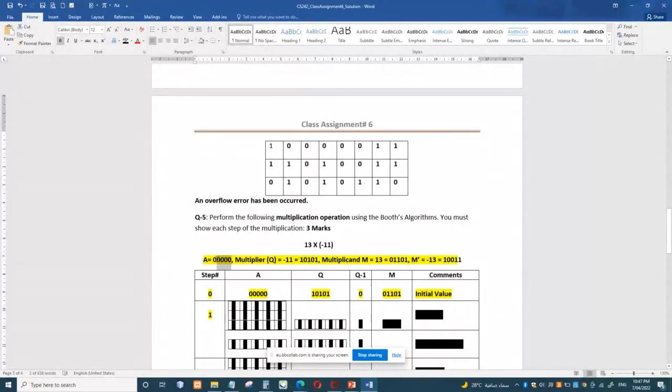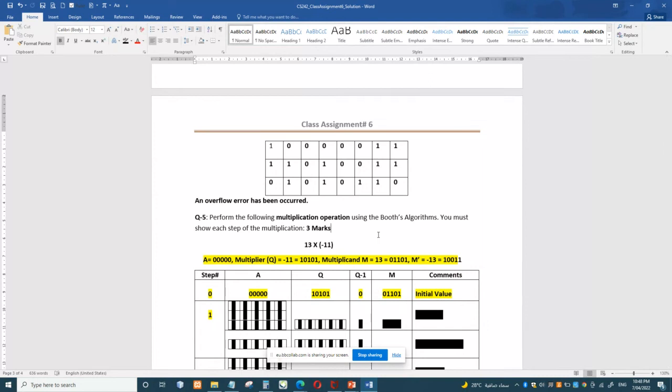As we know, we have an additional register, register A, which will contain our final result. When you multiply one 5-bit number with another 5-bit number, will the result be 5-bit or 10-bit? Anyone? Remember, when you multiply an 8-bit number with another 8-bit number, the result will be 16-bit, not 8-bit.